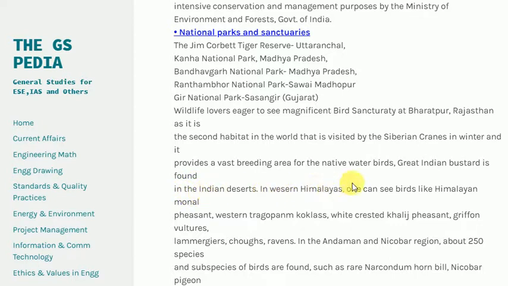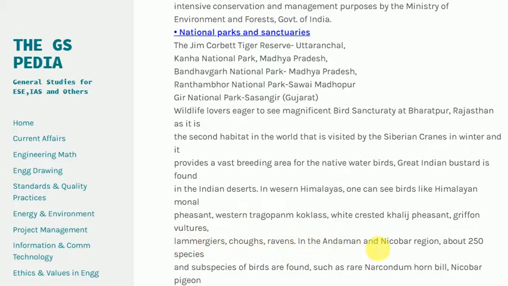In the western Himalayas, one can see birds like Himalayan monal pheasant, western tragopan, cheer pheasant, white-crested kalij pheasant, griffon vultures, lammergeiers, choughs and ravens.